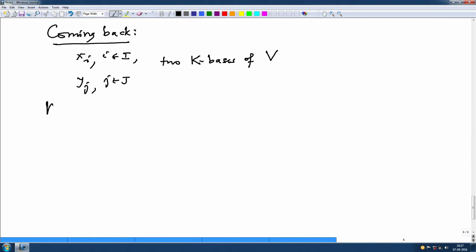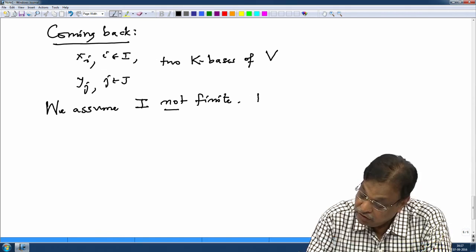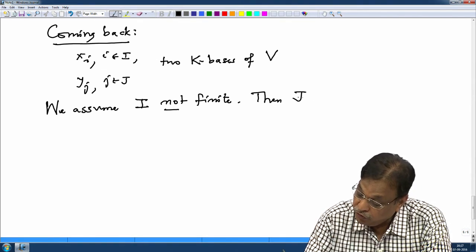We assume I is not finite. Remember, when I is finite, we have noted J is also finite and they have the same number of elements. This is precisely the finite case we have proved, using the exchange theorem. Now, I is not finite. So the first thing to note is that J is also not finite.